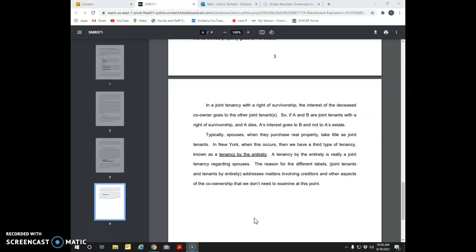Now, the deal with marital property is that it could mean that a piece of property is owned by only one spouse, but under the rules of marital property, some or all of that value of the property is marital property.